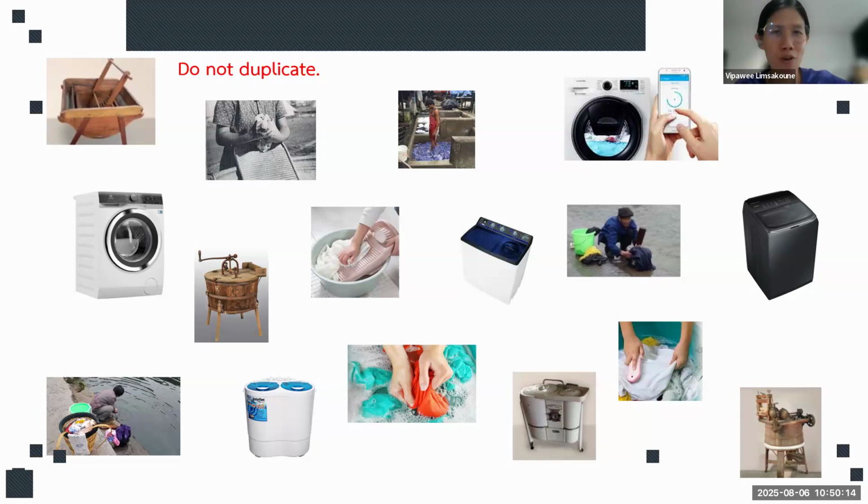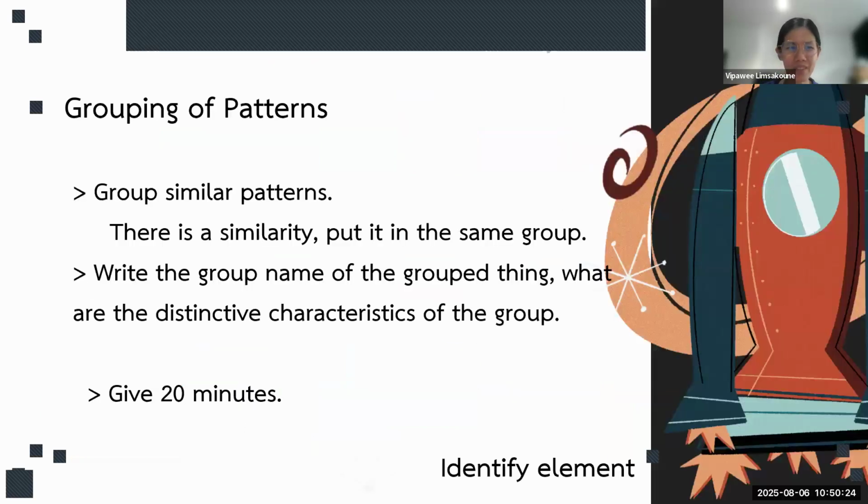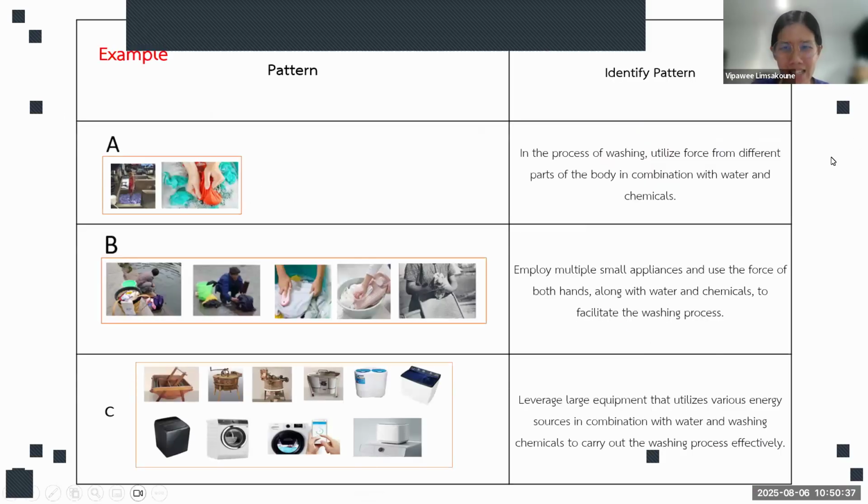So you can see the process of selecting patterns for me. I start from the oldest one, or the first one that we used, how we use our body to wash the clothes. So I group similar ones into 3 patterns, that's what I gave as an example, right? Pattern A is like this.